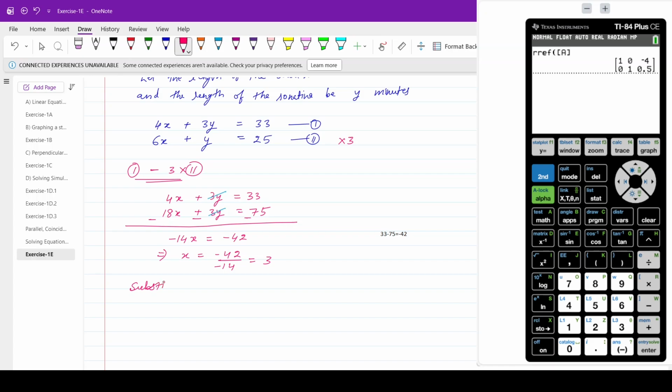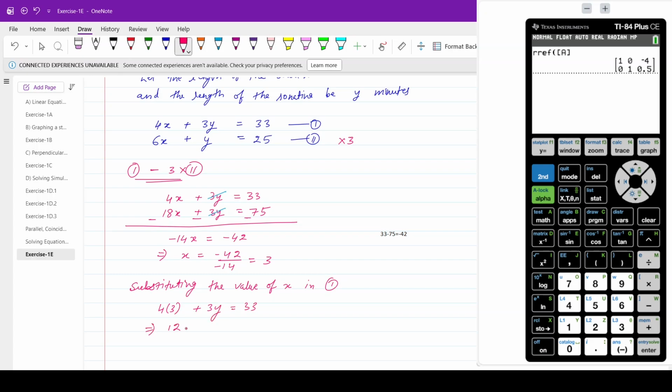Substituting the value of x in equation 1, we'll get 4 times 3 plus 3 times y is equal to 33.